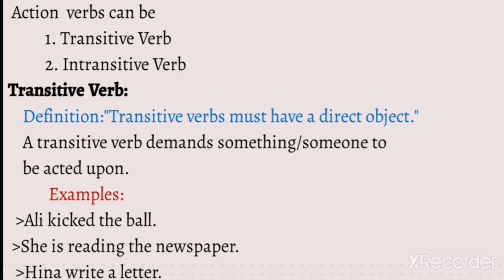So here, if we remove the ball, the sense of the sentence will not be complete. It will not give a meaningful meaning to us. If I say Ali kicked, the listener and the reader will become confused. So a transitive verb requires an object.